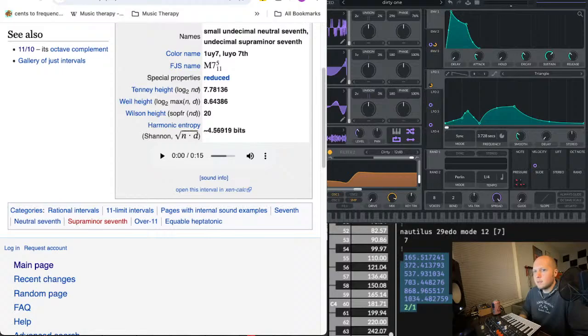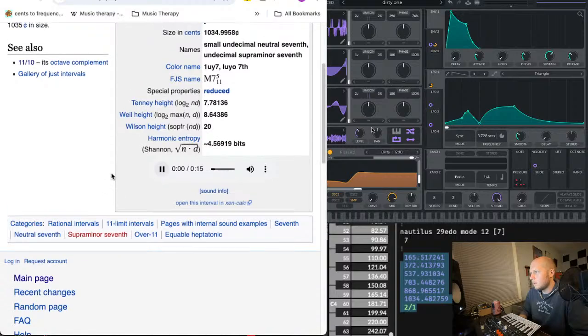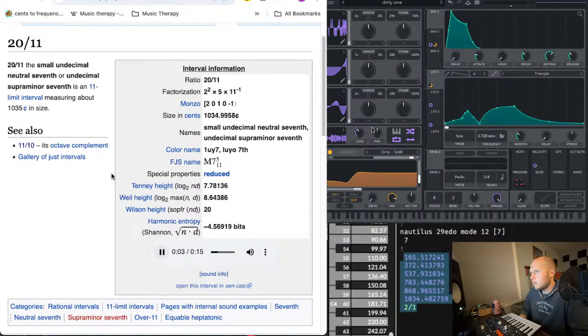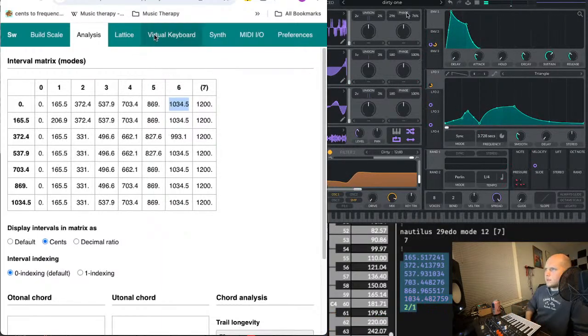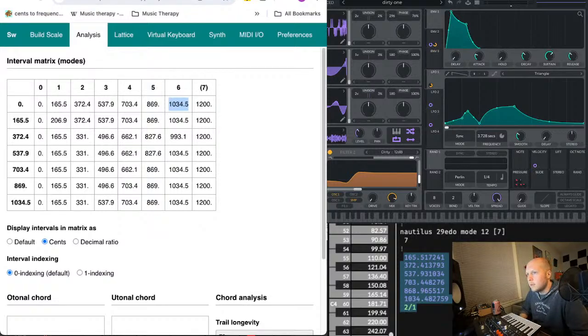Let's hear what it sounds like in the browser. I think our browser volume's good. So yeah, we have that. All right, here. It's pretty much in tune with it too. That's funny.